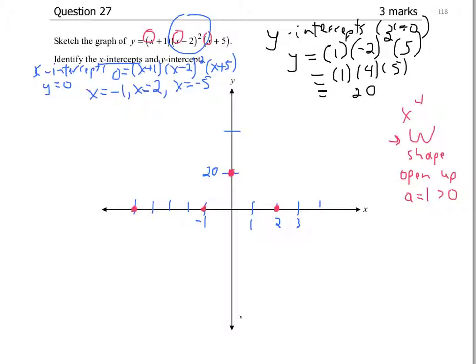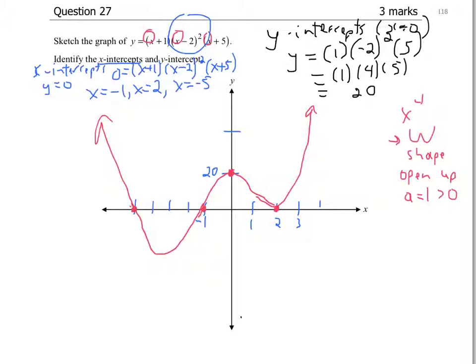Because the multiplicity is 2, here's how my curve is going to look around that point. It's not going to cross it, so it's going to go like this, straight on up. It's going to go up to the y-intercept, cross down through, because at negative 1 the multiplicity is 1, and then it's going to turn back up and then cross through the negative 5.